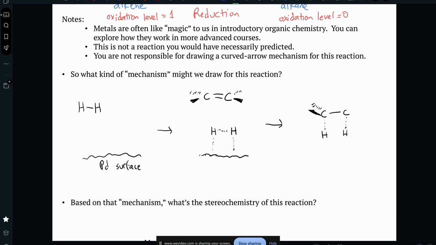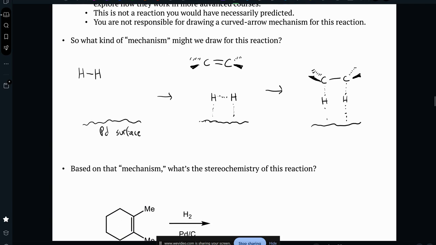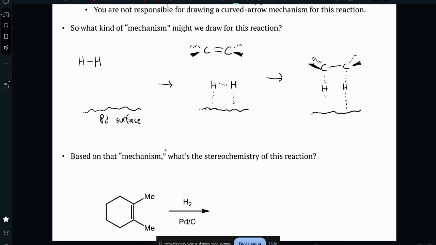That's going to make the alkene go from planar to tetrahedral on both sides. So not a curved arrow mechanism. This is just sort of a cartoon of what's happening. What this means is both hydrogens are getting added at the same time. So that leads to a syn addition of the two hydrogens.